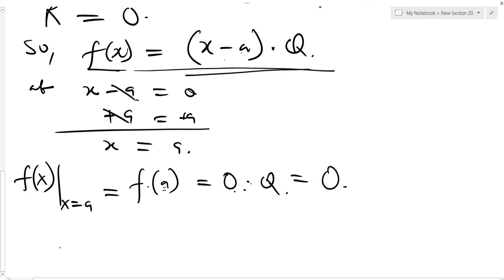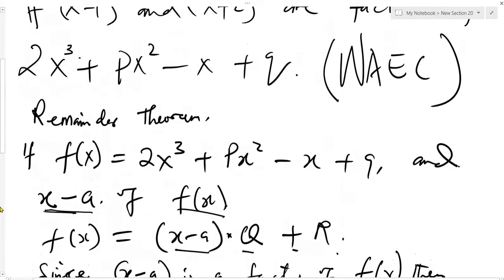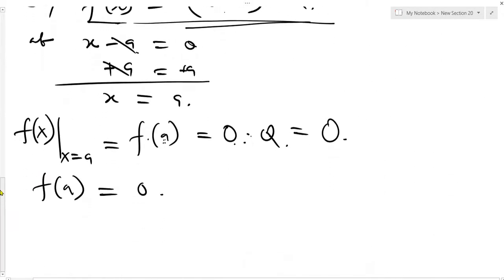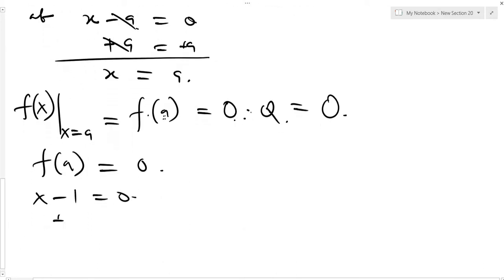So that means f of a equal to 0. Now that means we have this as factors. So for x minus 1 equal to 0, you have plus 1 equal to plus 1. So if you cancel out this, you are left with x is equal to 1.